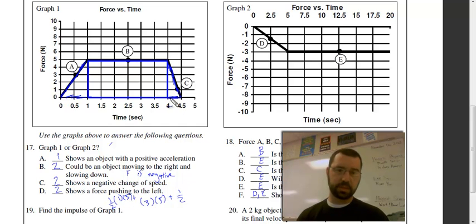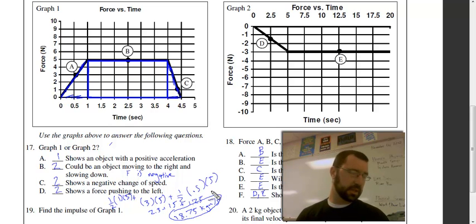On this side it's 0.5 times 5. And when we do all of the math from that, so we get 2.5 plus 15 plus 1.25, the answer is 18.75 kilogram meters per second. So that's the answer for that.